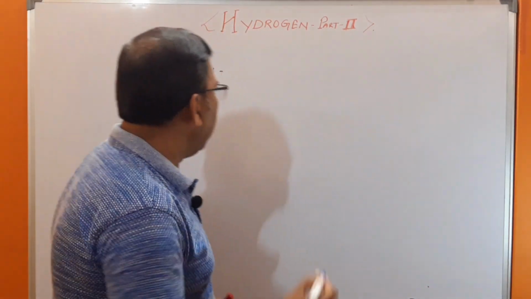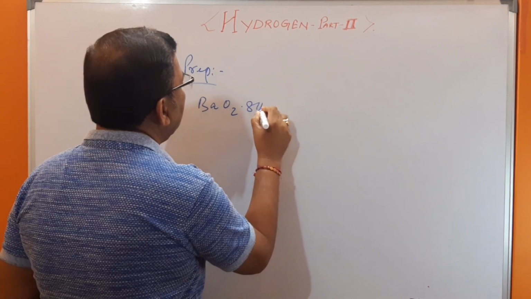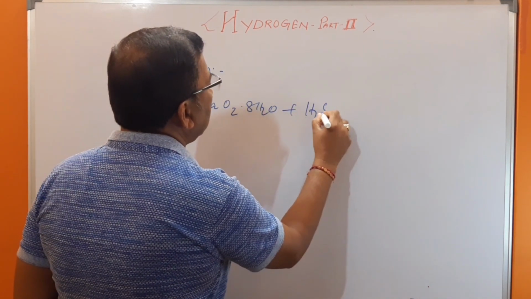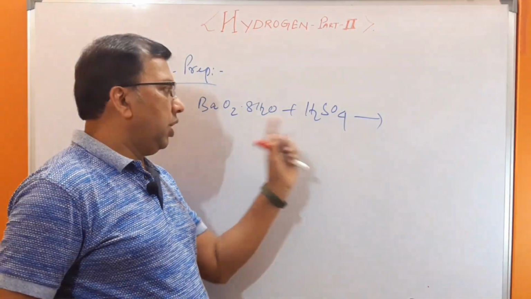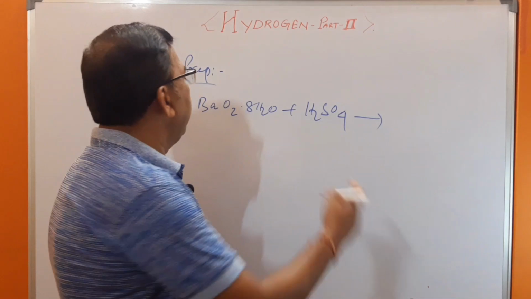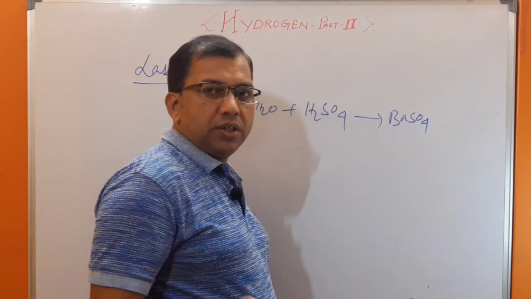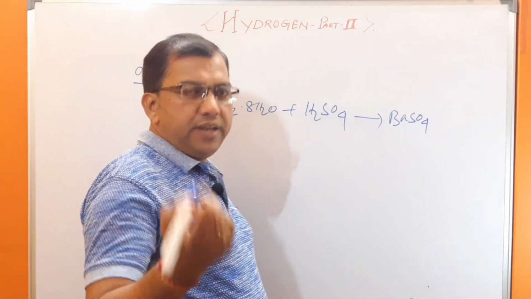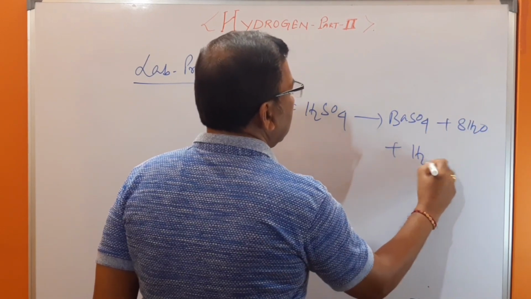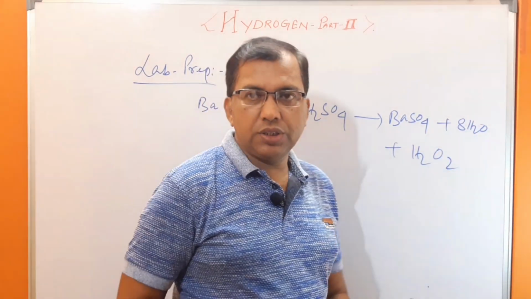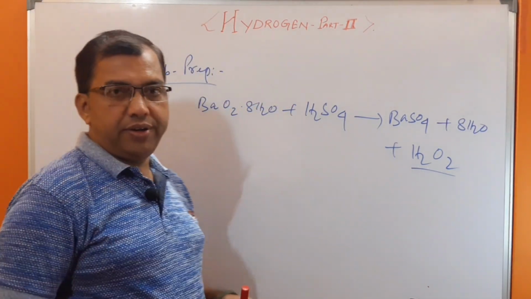Clear? Okay, I am writing the reaction. Barium peroxide plus H2SO4 forms barium sulfate, then water and H2O2. Okay, so this is the product, and hydrogen peroxide is prepared in the laboratory.